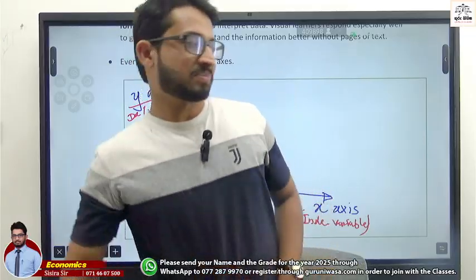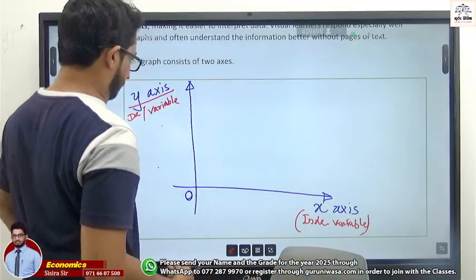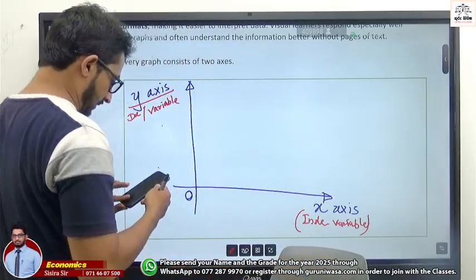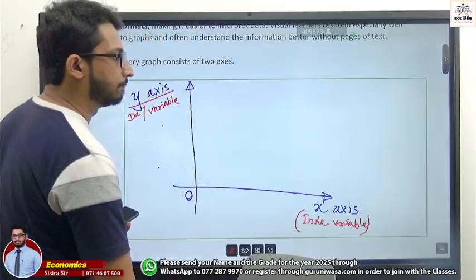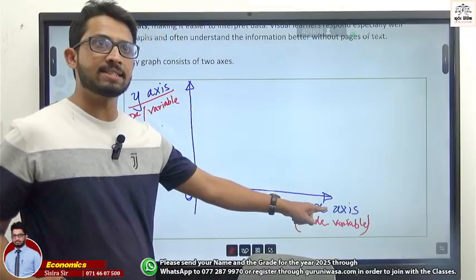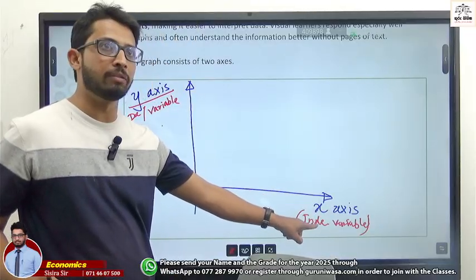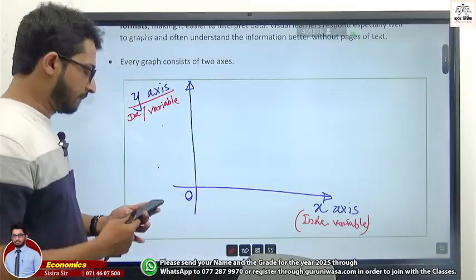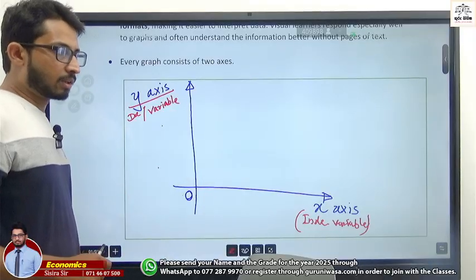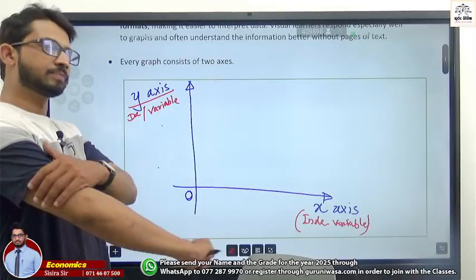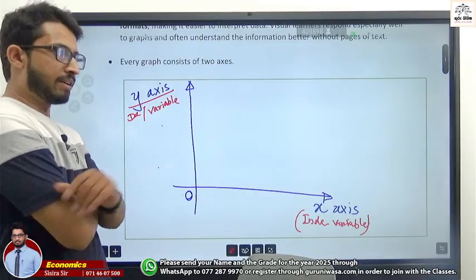Right, okay. Let me write this down. Especially this one: the x-axis stands for the independent variable, the y-axis for the dependent variable. Right? And remember this, don't forget.